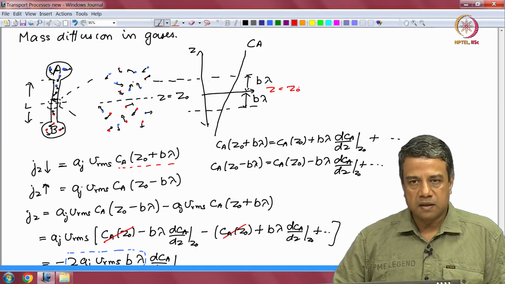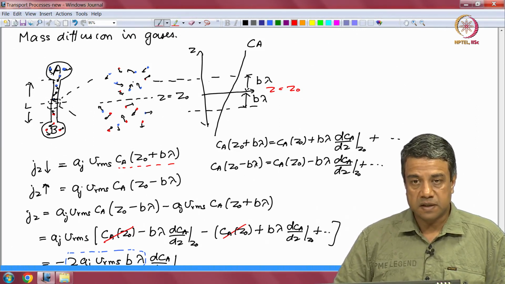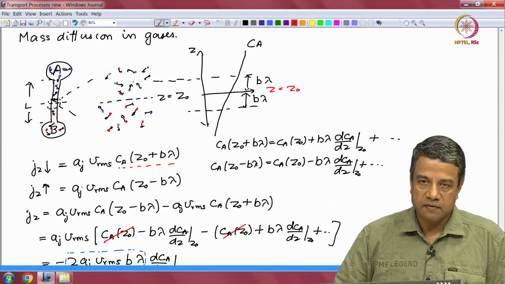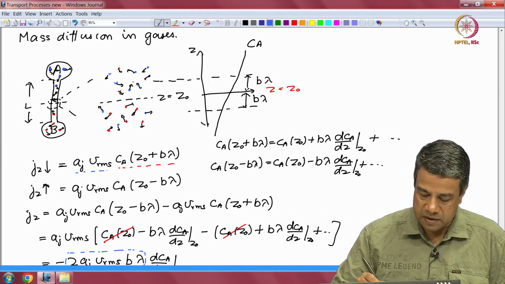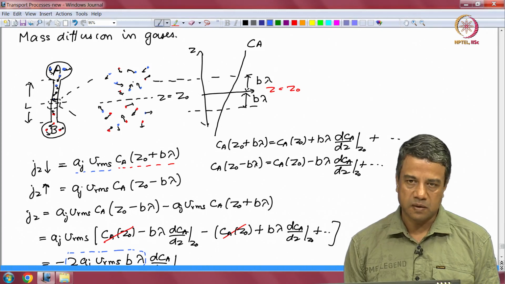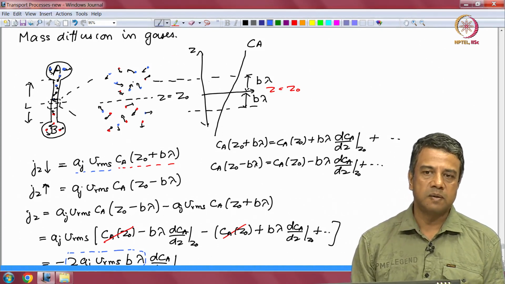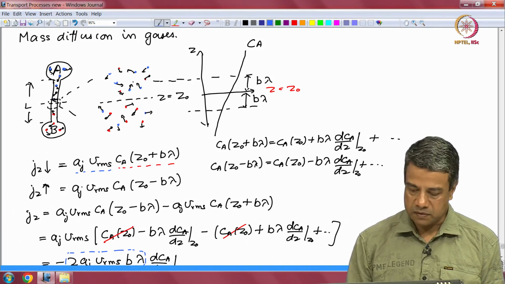The flux of molecules is equal to the average velocity perpendicular to the surface times this concentration. And the average velocity we wrote as some factor times the root mean square velocity, where A is a factor which is smaller than 1, because the average velocity across the surface will be smaller than the isotropic root mean square velocity of the molecules.